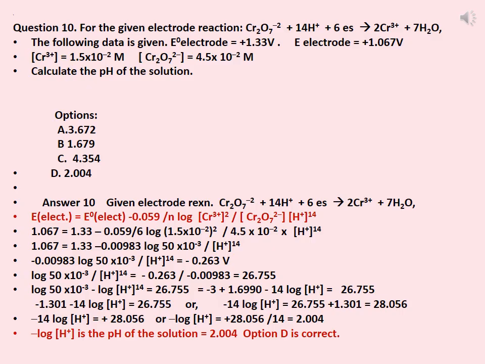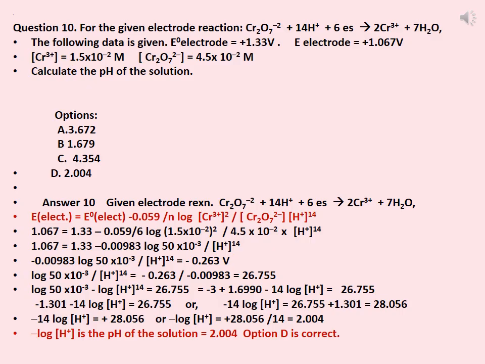Molar concentration of Cr3 plus is 1.5 into 10 power minus 2 moles per liter, and that of dichromate ion Cr2O7 2 minus is 4.5 into 10 power minus 2 M. Calculate the pH of the solution. Options are given. We need to choose the right option.